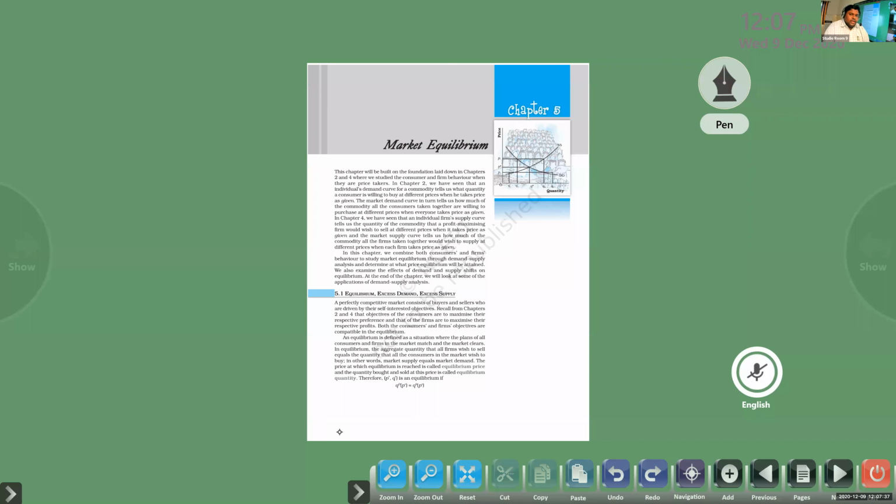Adam Smith's theory, the theory of the invisible hand, right or not? All other things remaining constant, like fashion, trend, time, season, price of complementary goods, price of inferior goods, everything remaining constant, only price will change. How will it change? That is related to the supply and demand of the commodity in the market.